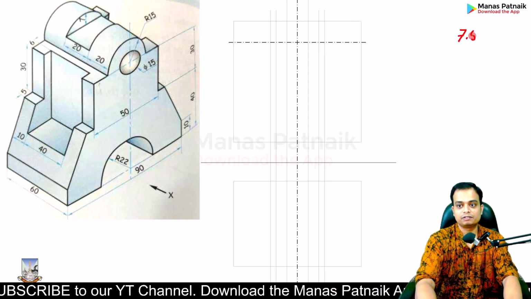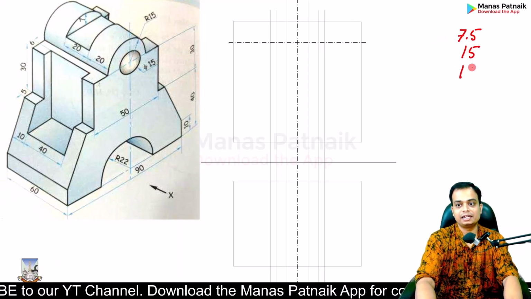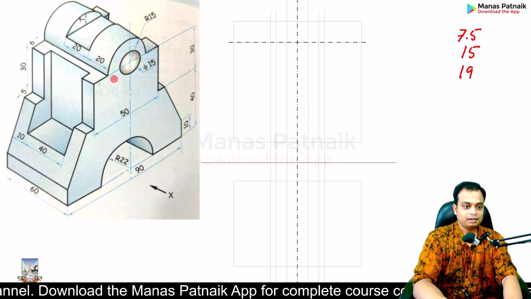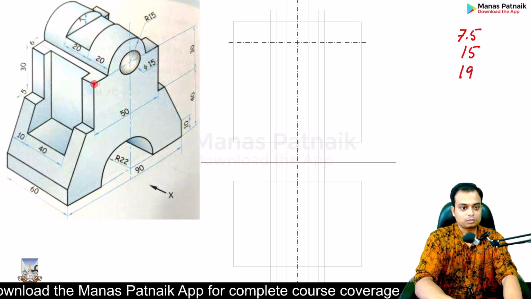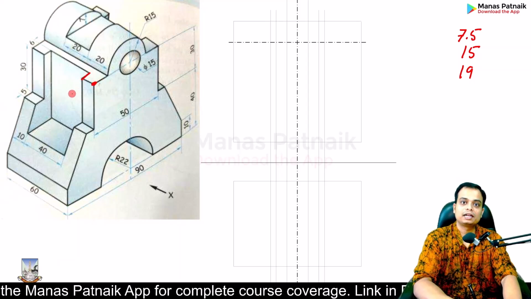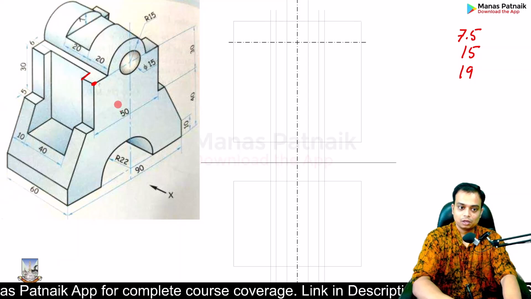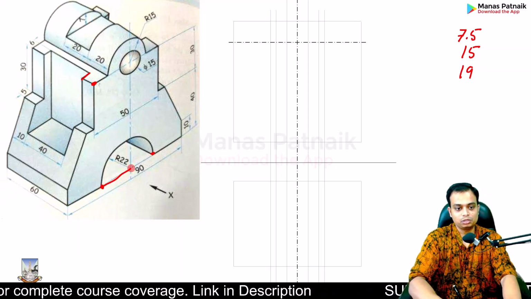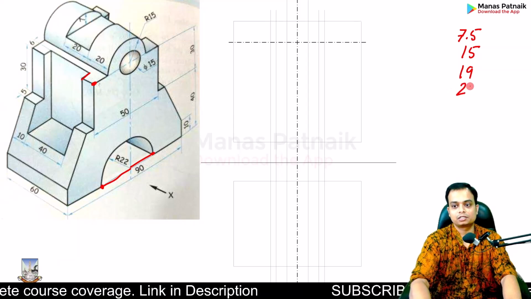We started off with 7.5, then 15, then 19. Again, on either side, to the left as well as right. Then you can straight away go for this point. Add 6 more. 19 plus 6 is going to give you 25. You look here, this particular point on both sides: 22 to the left and 22 to the right. Just do it.